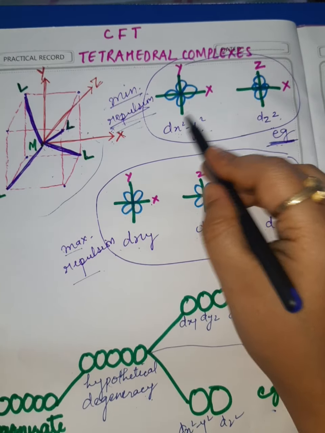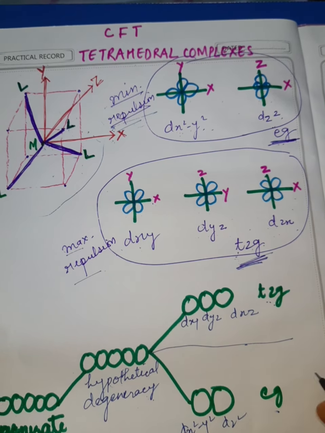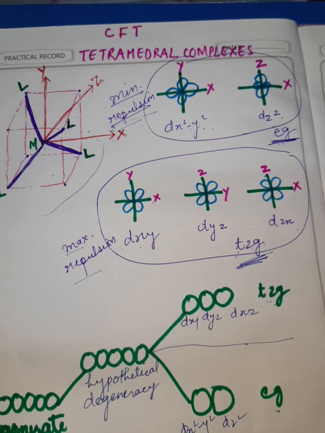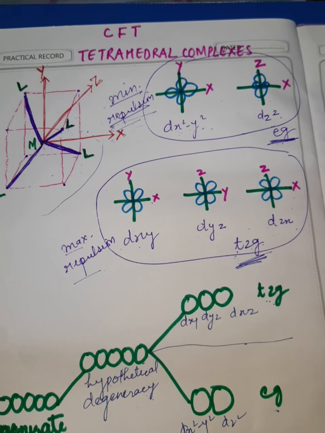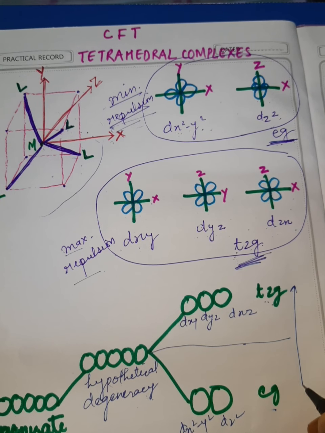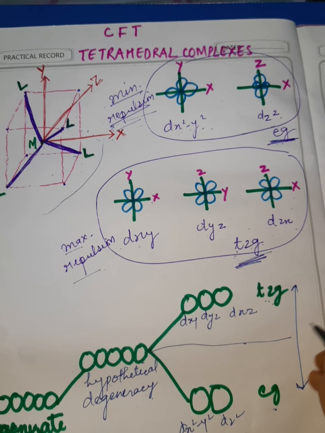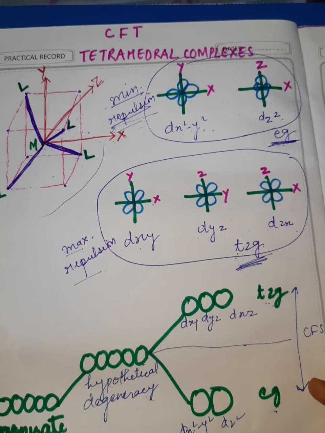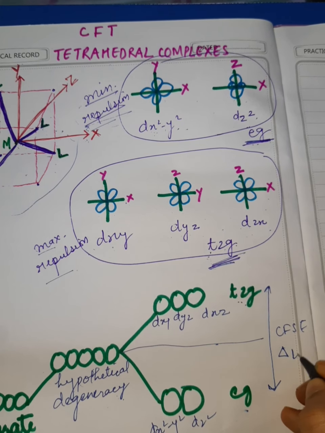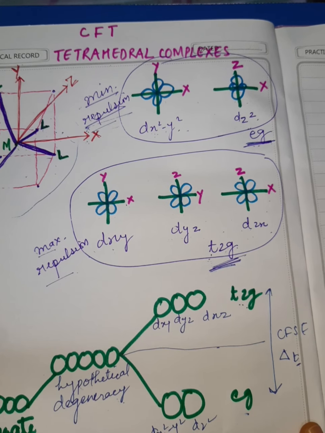Because they are getting least repelled, minimum repulsion. Now let us see how much is the energy. As I told you the trick in the octahedral complexes, the same trick we are going to apply here. Dear students, this time the representation of the crystal field splitting energy will be delta T. T means tetrahedral complex.